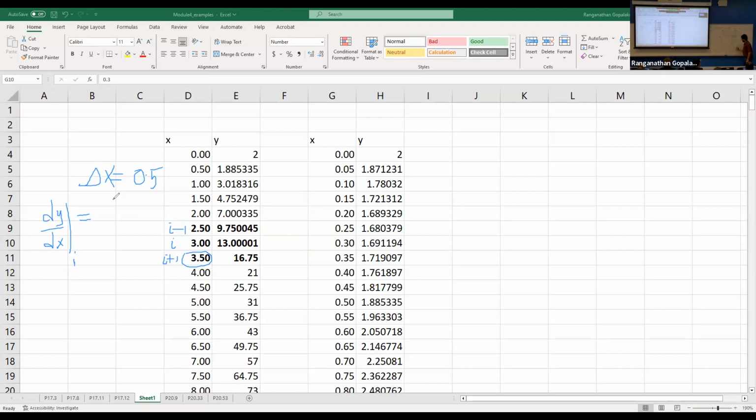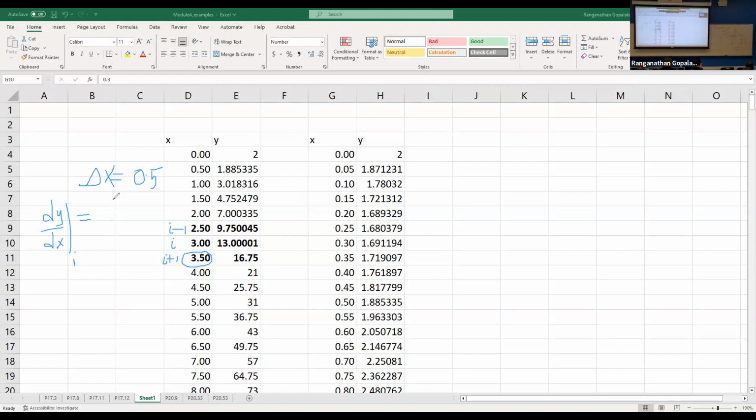Replace delta x with minus delta x wherever it appears. That's the simple strategy. And the next term, d squared y over dx squared at the point i multiplied by negative delta x the whole squared divided by 2 factorial and so on up to infinity.